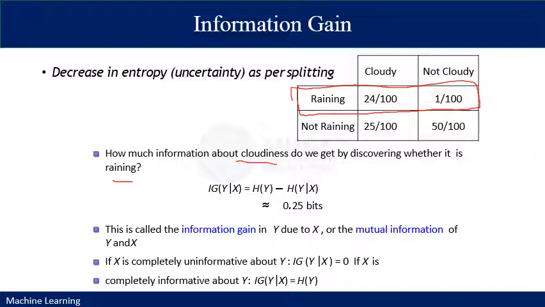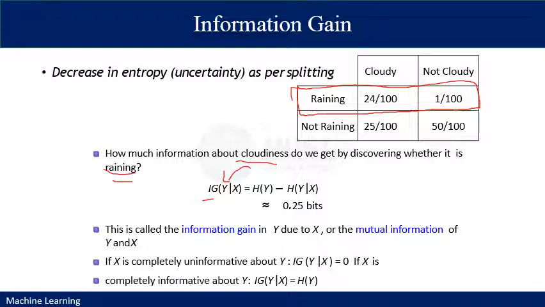The information gain is the criterion to specify the division of the attribute values in decision trees. Information gain is represented as IG, and in this case it is the information about the cloudiness based on the given input training example, the raining.